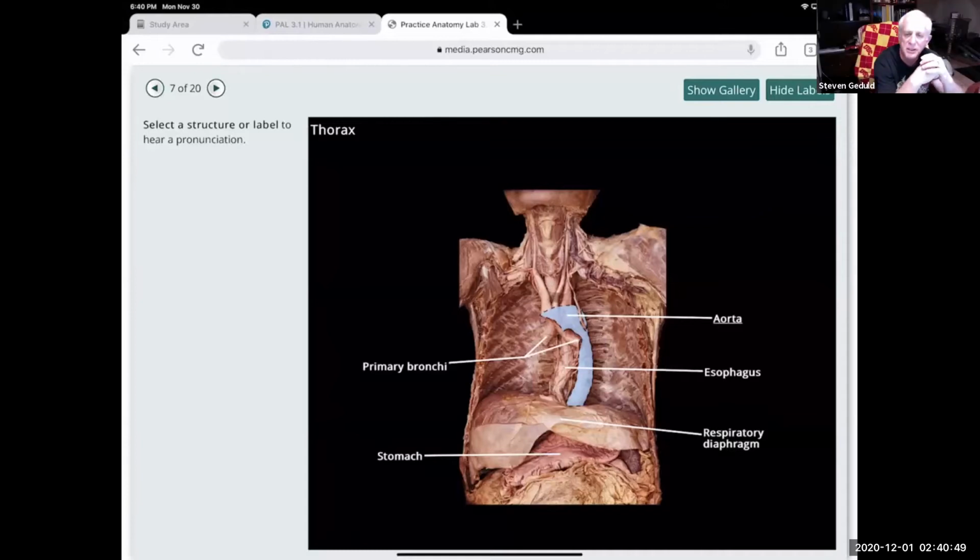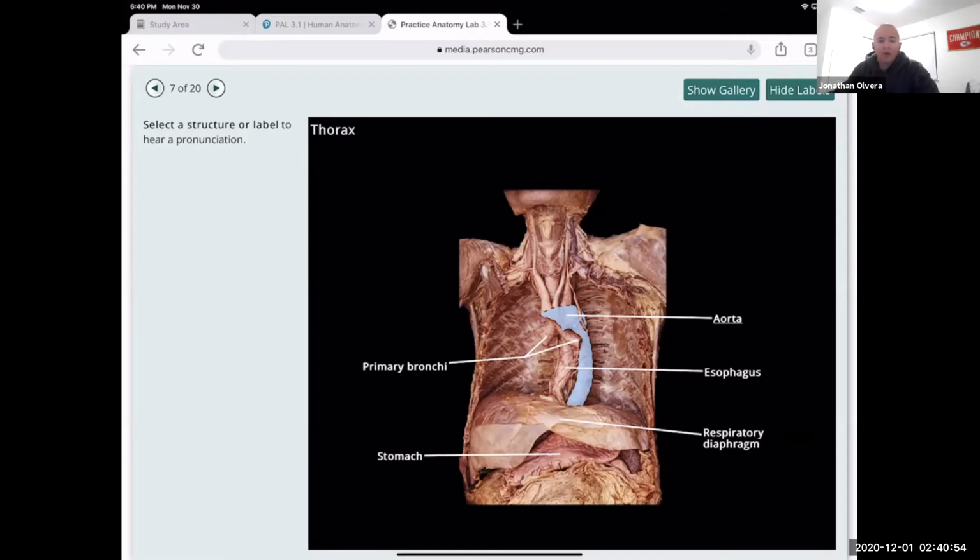And the next one, what vessel is this one? Where's it at? Carotid. Left common carotid, right? And then this one is the... Subclavian. Left subclavian artery. Perfect. I told you, know those three arteries. You'll see those on the exam. Those are the three arteries that branch off the aortic arch.